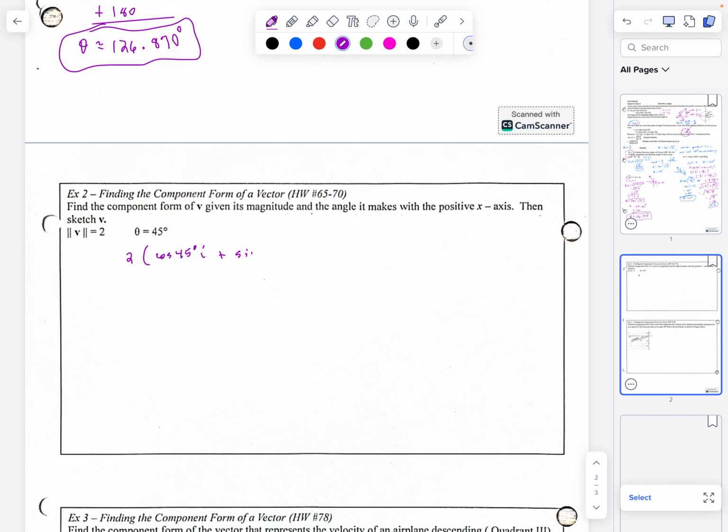That is your component form. This is component. This is your linear combination. You can actually go right to this formula. I just thought of it the other way. This is on the front, except I want these to be component forms.